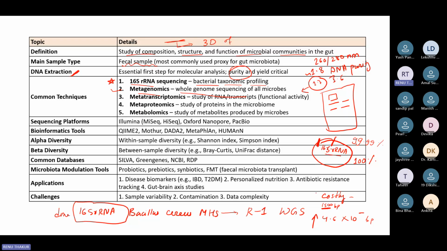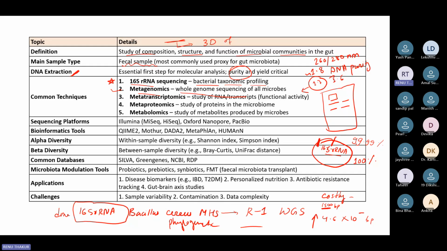So we have just written an explanation, a justification, that it is not required. We have done the 16S rRNA sequencing and we have gone for the phylogenetic tree analysis. So that is more than enough. So he agreed and he accepted the manuscript. So these are the things going on in research. If you are working on any microorganism, just go for the 16S rRNA if you are working on prokaryotes, and for eukaryotes 18S rRNA is fine.